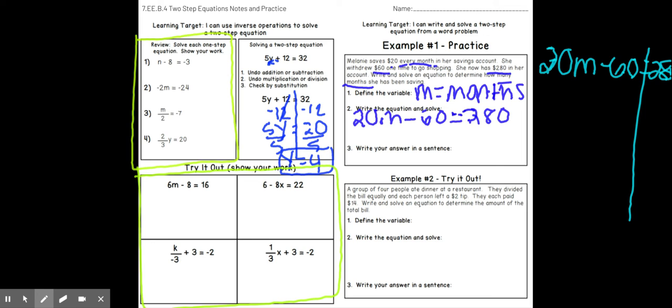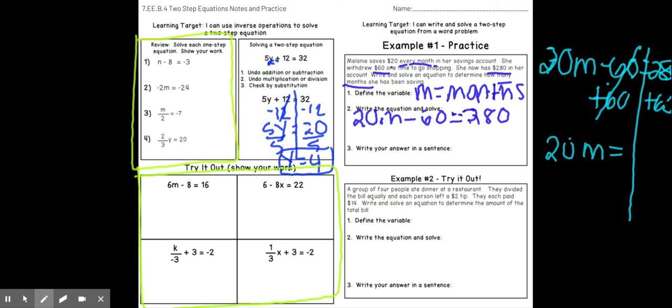So just like I did in these problems over here, the first thing I'm going to do is undo the addition or the subtraction. So my addition or subtraction is this minus 60. So the inverse of subtracting 60 would be to add 60 to both sides of my equation, which over on this side would equal 0, and I would end up with 20m equals 280 plus 60.